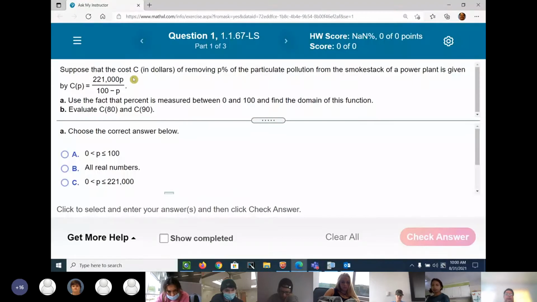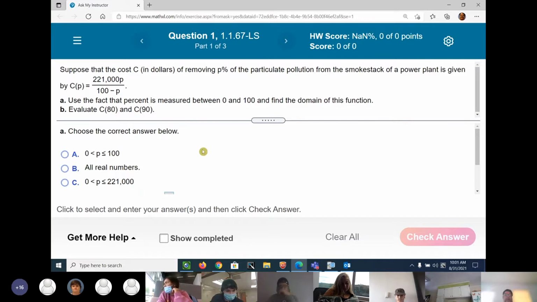Suppose that the cost C in dollars of removing P% of the particulate pollution from the smokestack of a power plant is given by C of P equals 221 times P over 100 minus P. Use the fact that percent is measured between 0 and 100 and find the domain of this function. Then find C of 80 and C of 90.